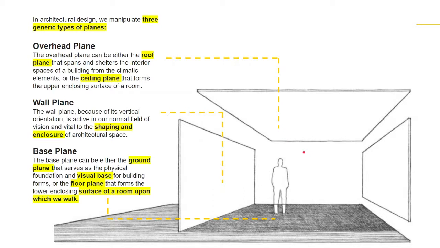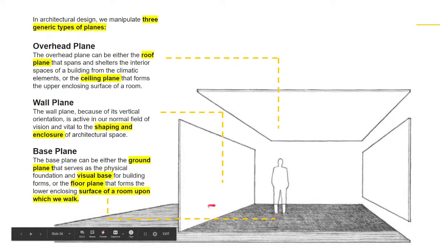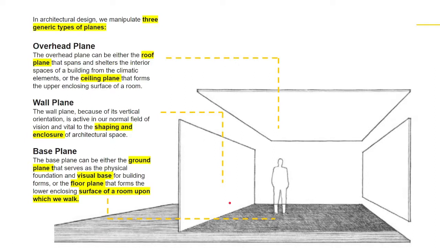Then the base plane could serve as the ground plane, which serves as the physical foundation or the visual base. This is the ground you step on, the surface on which we walk.